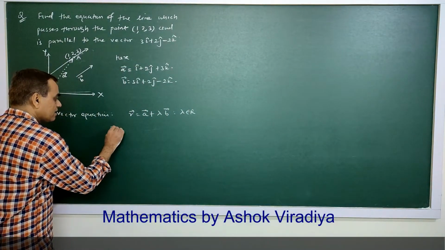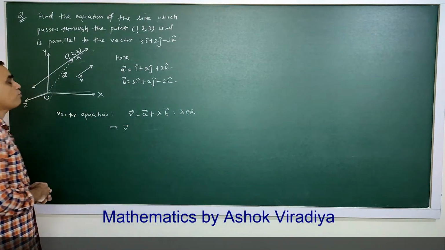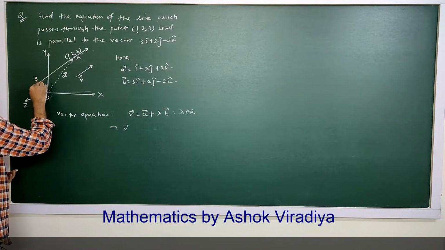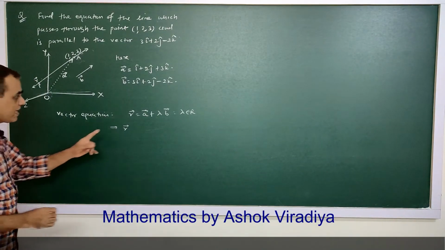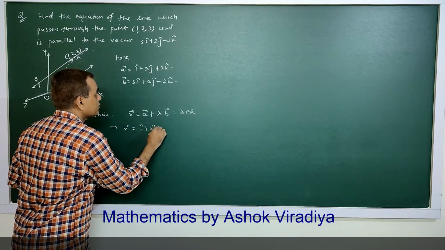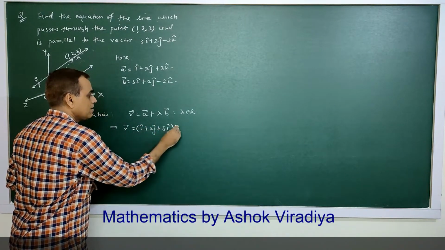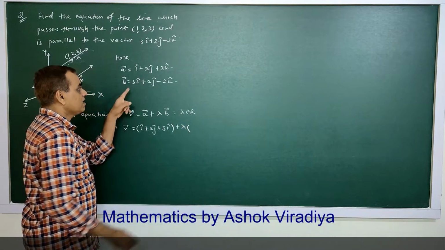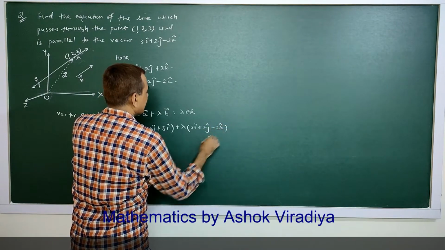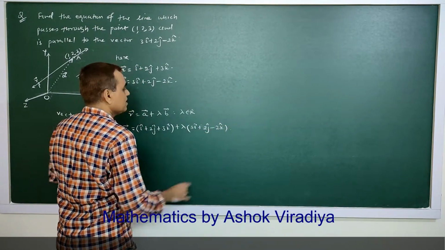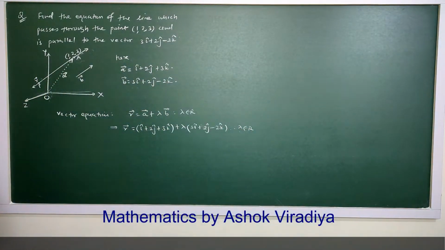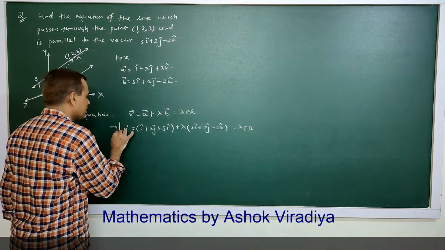Vector R is the position vector of a variable point, any point P. So vector R is 1i plus 2j plus 3k plus lambda times vector b, where vector b is 3i plus 2j minus 2k, and lambda belongs to R. So this is the vector equation.